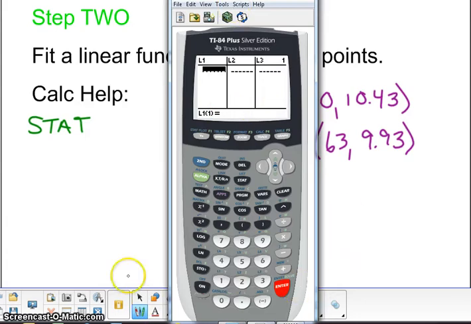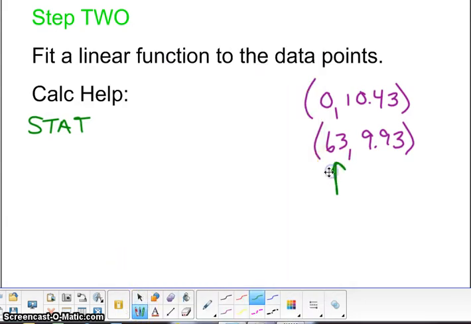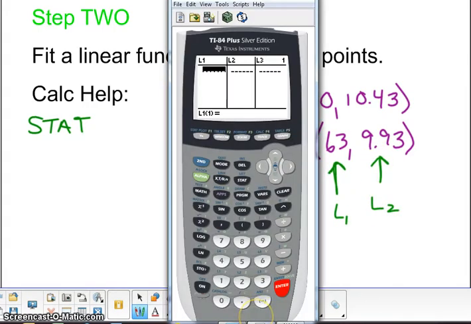List 1 is going to be the 0 and the 63. List 2 is going to be the Y coordinates. So let's go ahead and type those in. 0, enter, 63, enter. And then you can arrow over to the next list, 10.43, enter. And then 9.93, enter. Double check to make sure you haven't made any errors, and then go back to Stat.